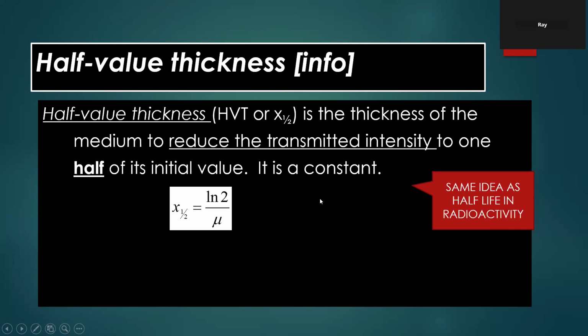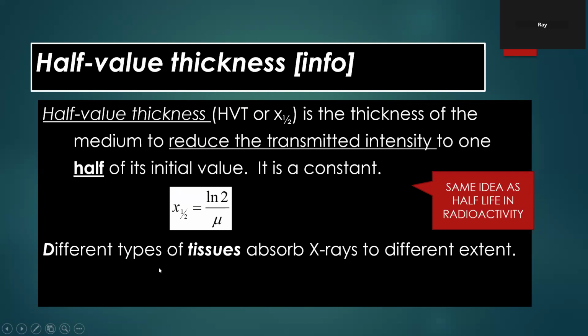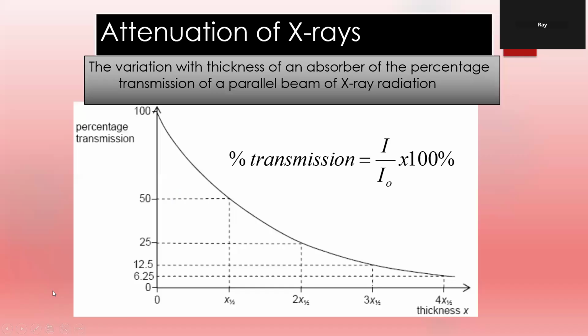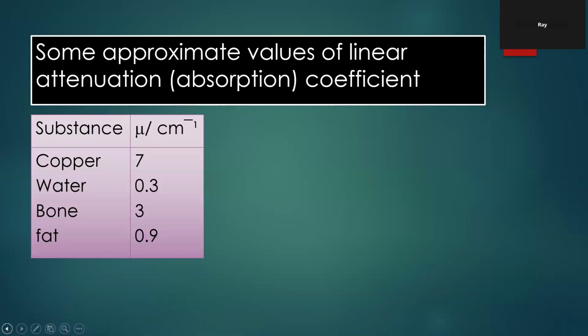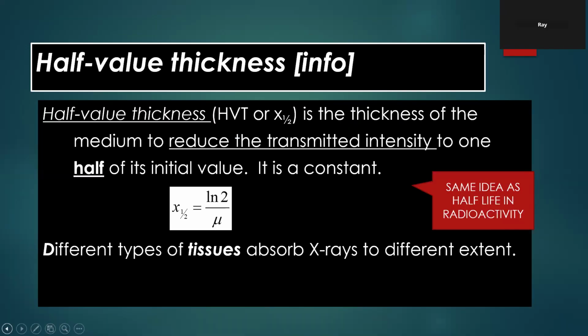It's a constant: ln 2 or 0.693 over mu. Same as half-life. Different types of tissue absorb X-ray to a different extent. Same as half-life in radioactivity.